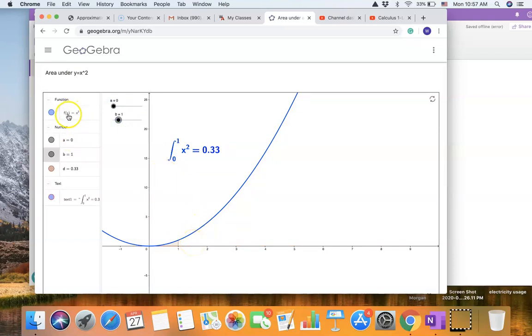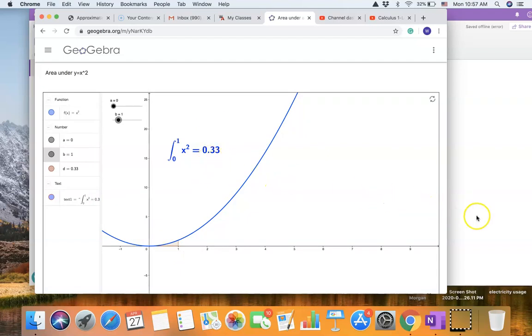This is the region bounded by the function f of x equals x squared, x equals 0, and x equals 1. So the exact area of this region is 1 over 3.